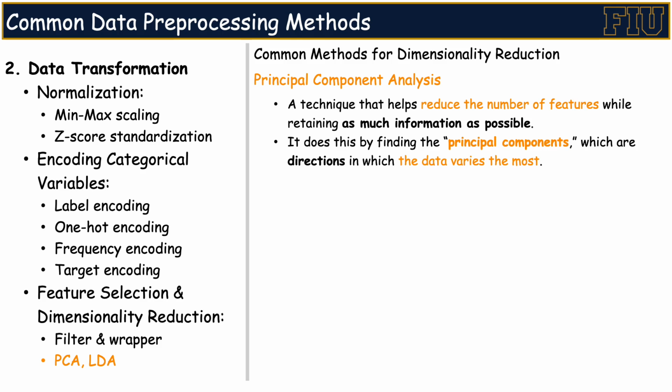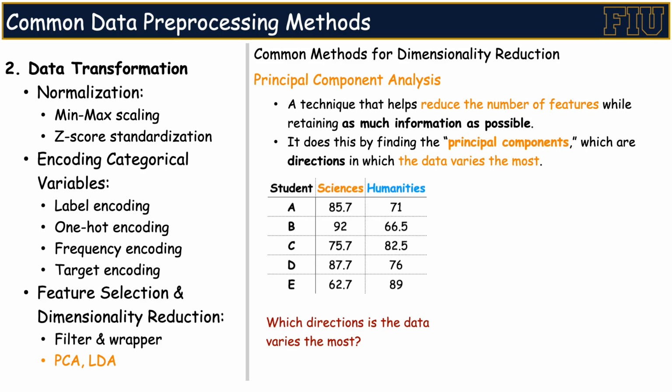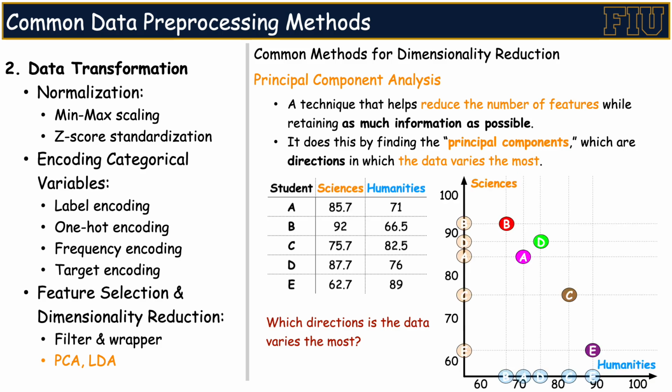So first, we need to figure out what the direction that data varies the most actually means. Let's revisit this example. This time, the question we need to consider is, in which direction does the data vary the most? To help you understand, I've drawn a Cartesian coordinate system to represent the dataset. The x-axis represents humanities scores, and the y-axis represents science scores.